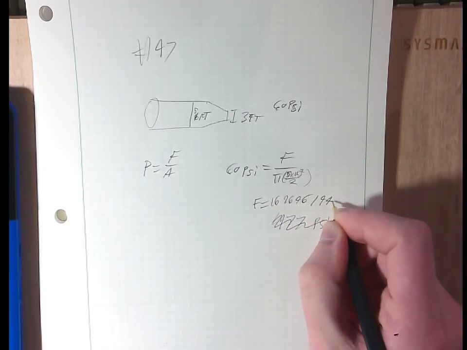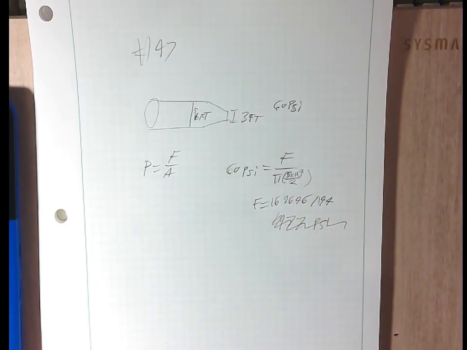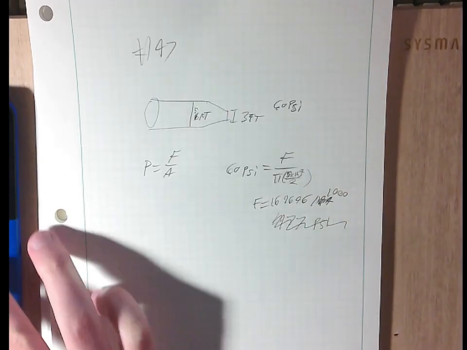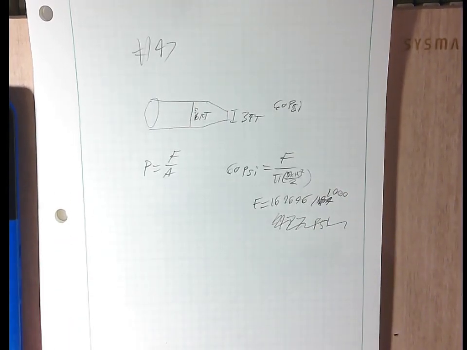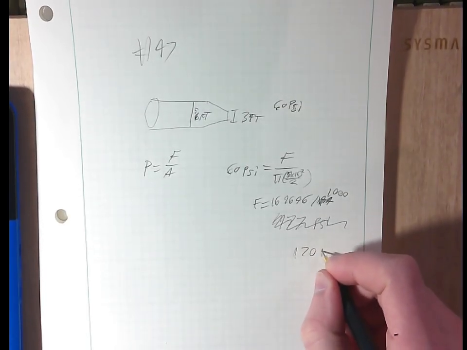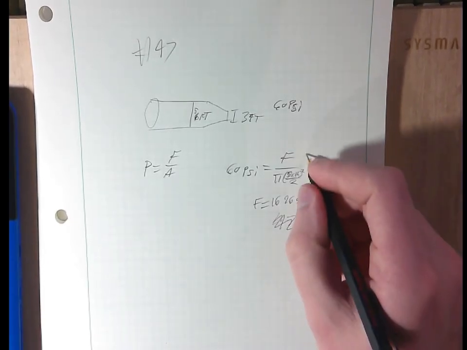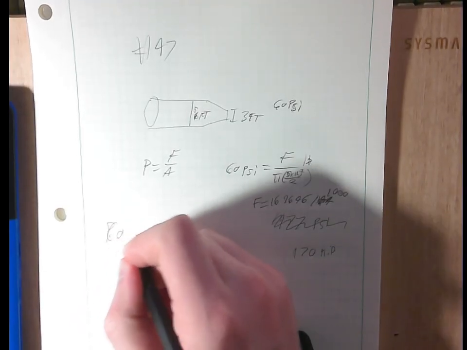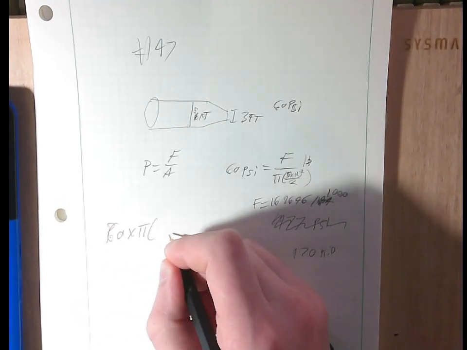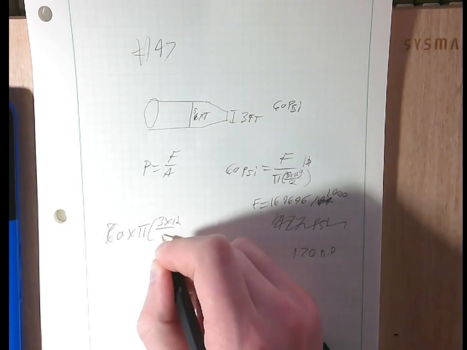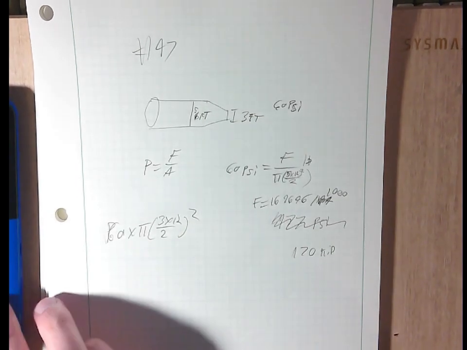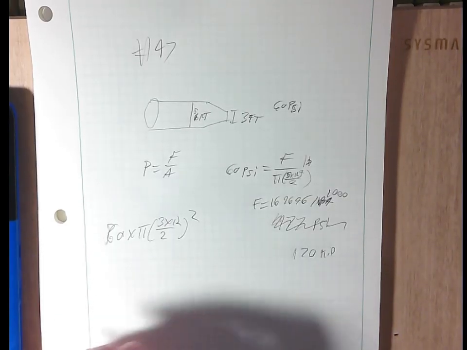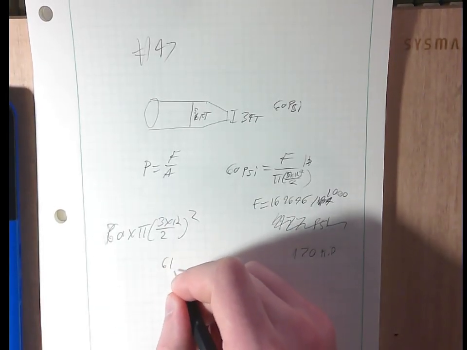Divide this by 1000. We're getting 170 kip, because this force is in pounds. Duh. And then let's do it for the other one. 60 psi times pi times 3 times 12 over 2 squared. 61 kip.